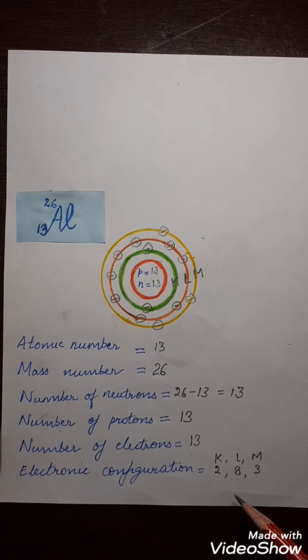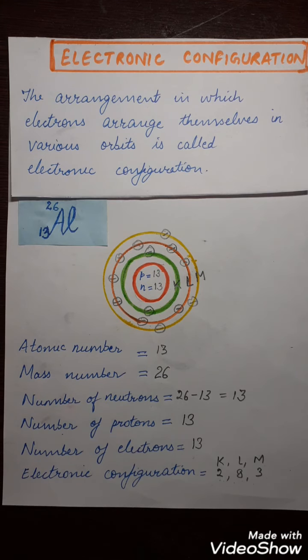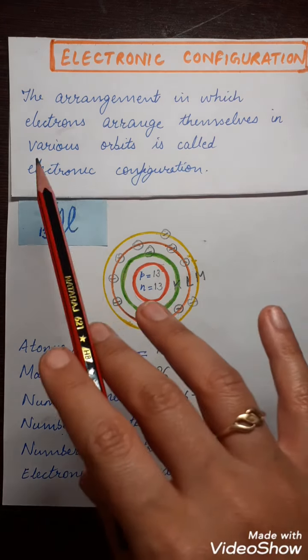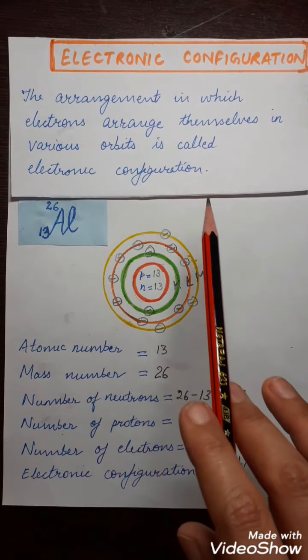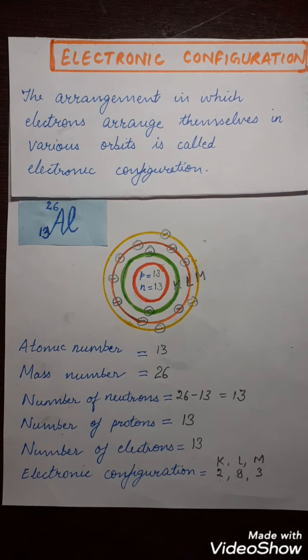Let's have a look at the definition. The arrangement in which electrons arrange themselves in various orbits or various energy shells is known as electronic configuration. So electronic configuration is 2, 8, 3 for the aluminium atom.